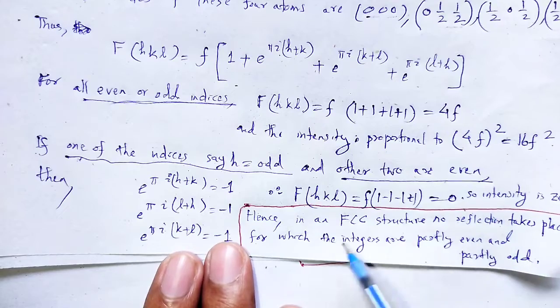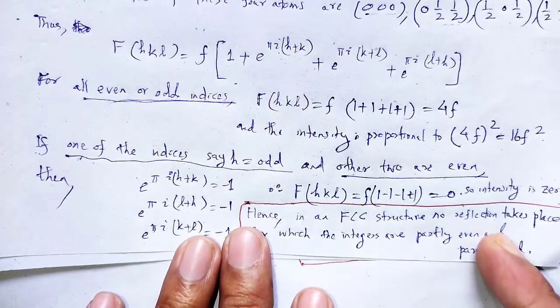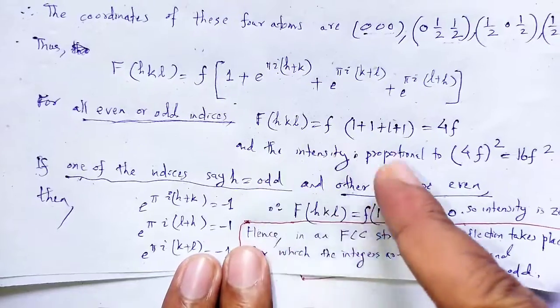No intensity, intensity will be 0, but reflection is present for either all even or all odd.